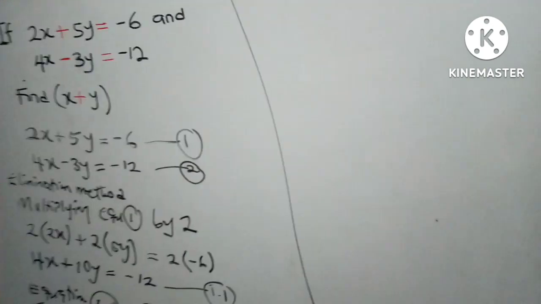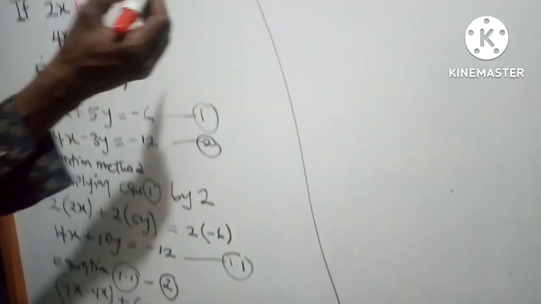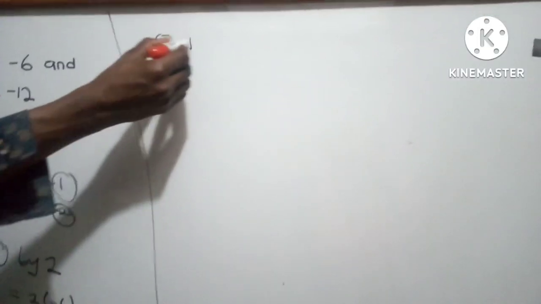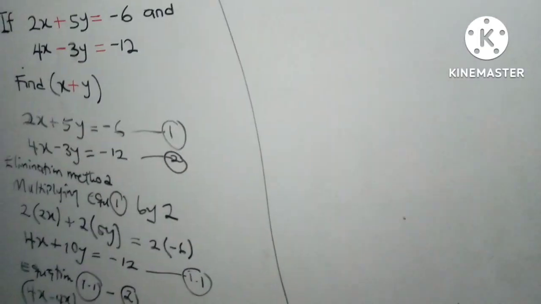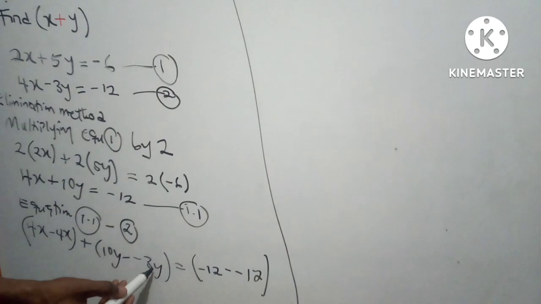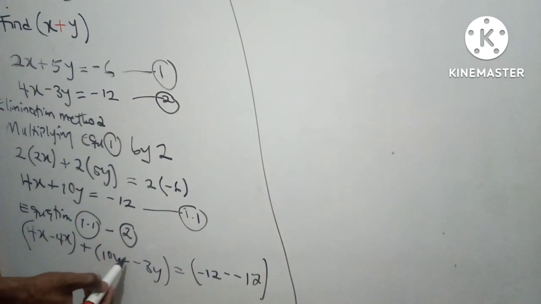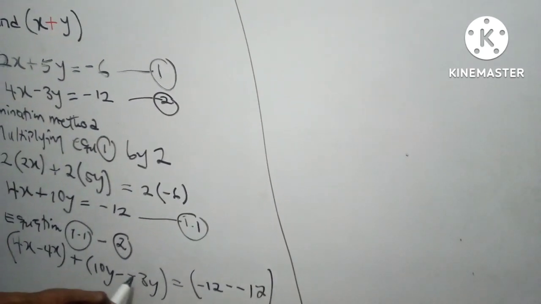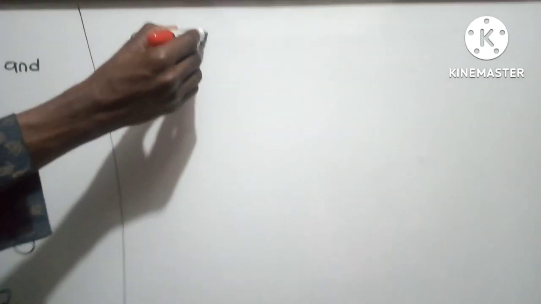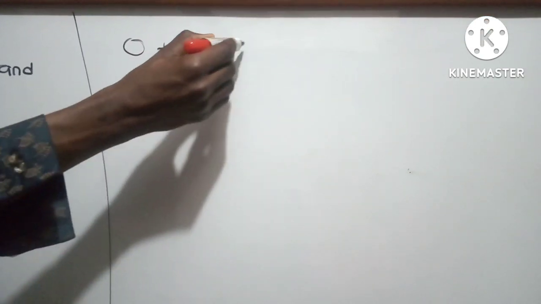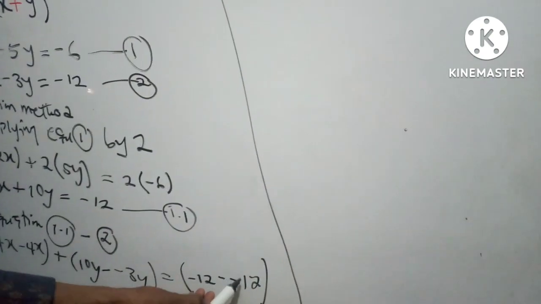So when we come back, 4x minus 4x will give us 0, plus 10y minus, minus 3y. These two minuses will change to positive, so we'll have 10y plus 3y, which will give us 13y. This is equal to minus 12 minus, minus 12.